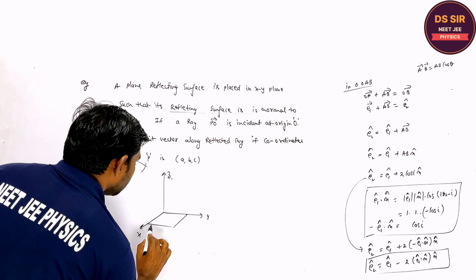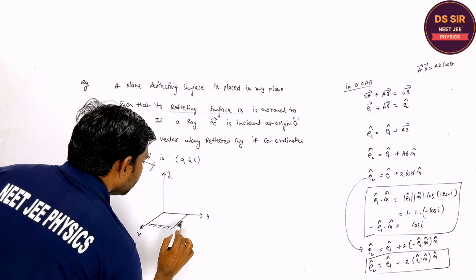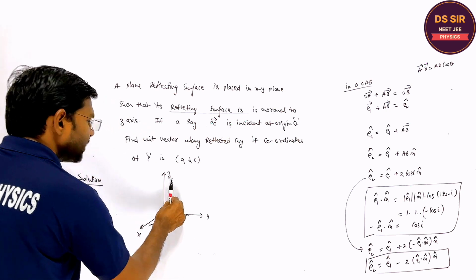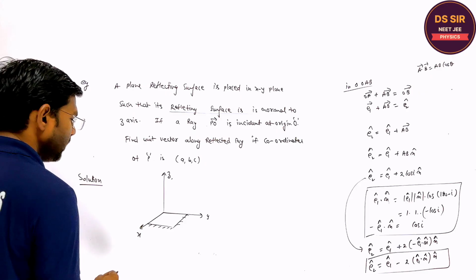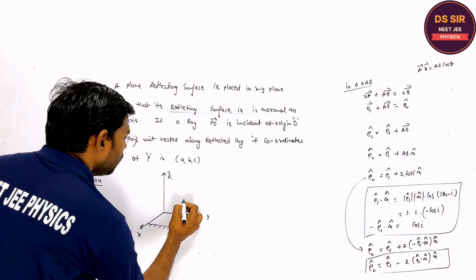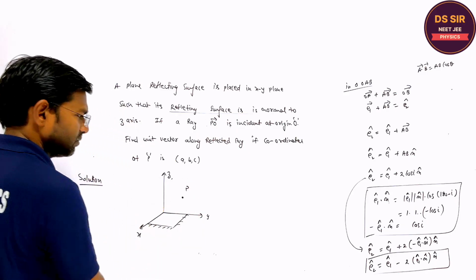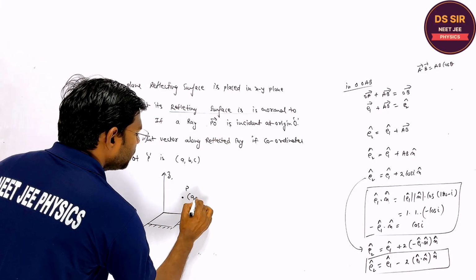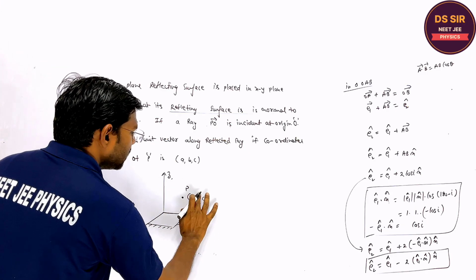And its normal vector is what? The normal vector of this reflecting surface is along the z-axis. Now, if this is the point P, the coordinates of the point P are A, B, C.